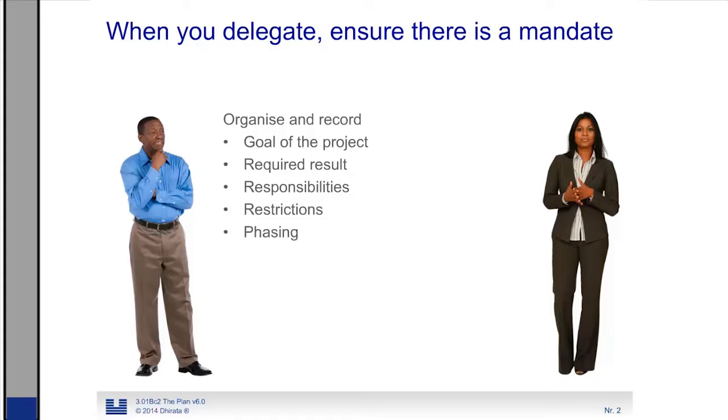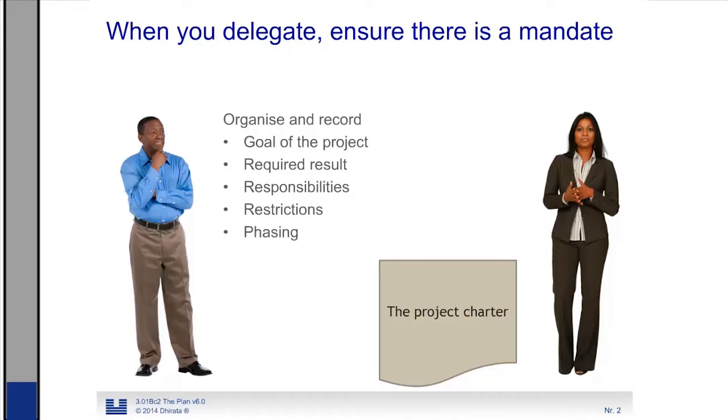Together they form a document which is called the project mandate or the project charter, in which the project executive, the senior manager, charters the project manager with the authority to execute the project.